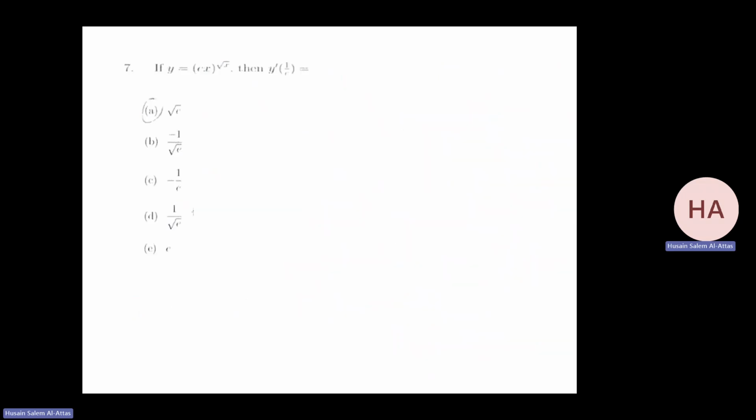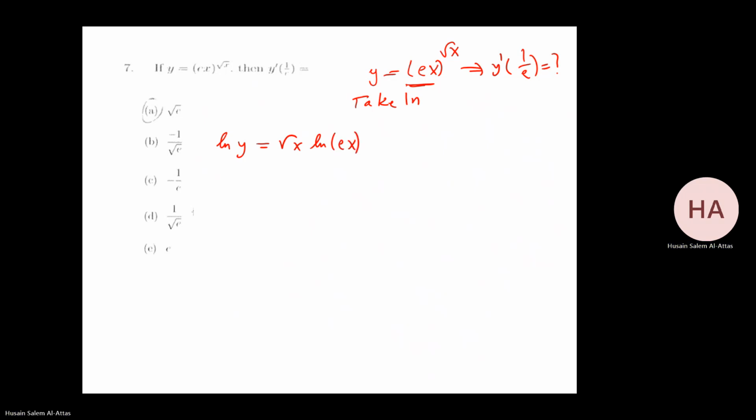Let me go to the old exam questions. What we have, let me write, I think is this: (ax) to the power square root of x, and they want to find y prime at 1 over a. So to do this, I need to take ln. Ln y equals square root of x times ln(ax).